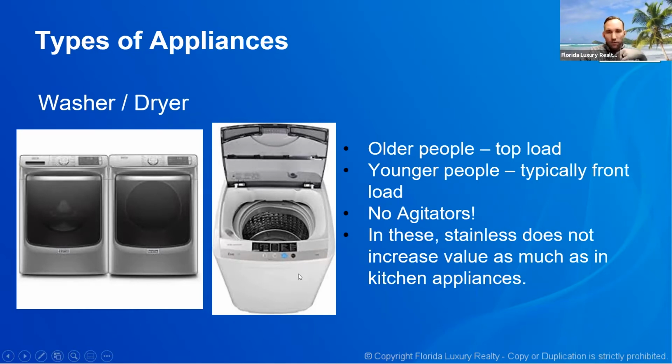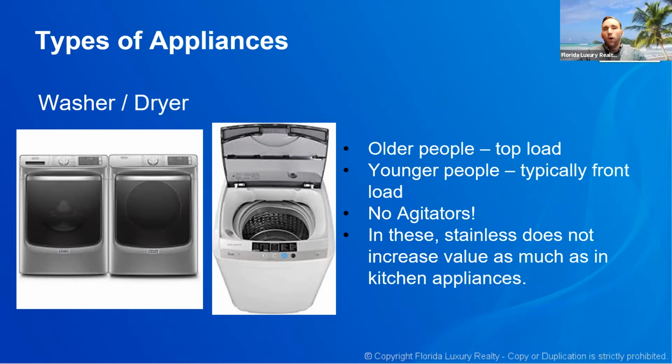Dryers have always been front load, but they want their top load washing machines. I don't know if it's having to bend over to put stuff into the washer, but they bend over to put it into the dryer. But there have been all sorts of studies that show that people over the age of about 55 have always had top load washing machines, and they want their top load washing machines.